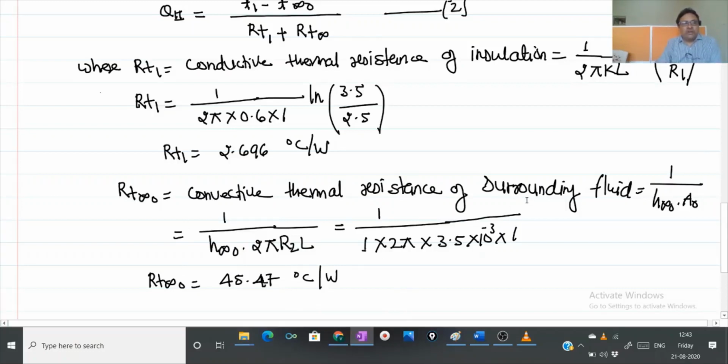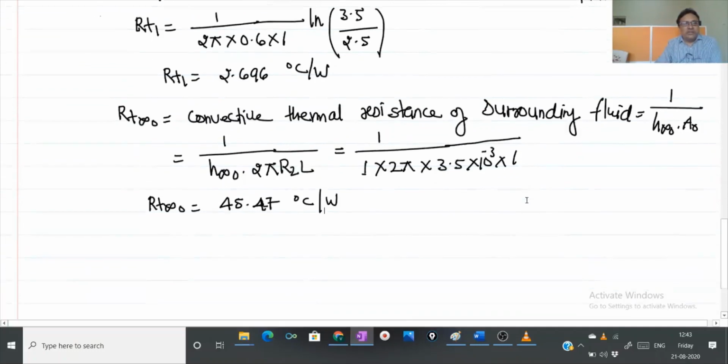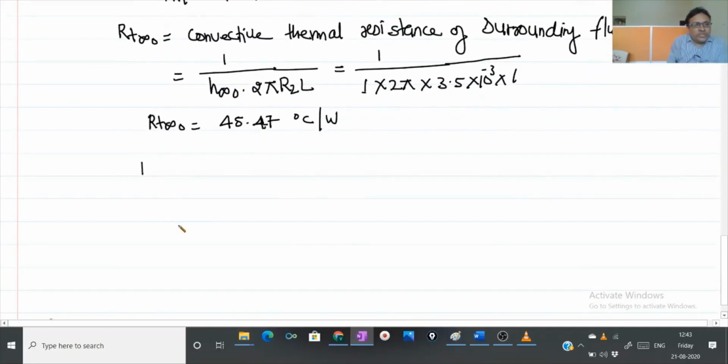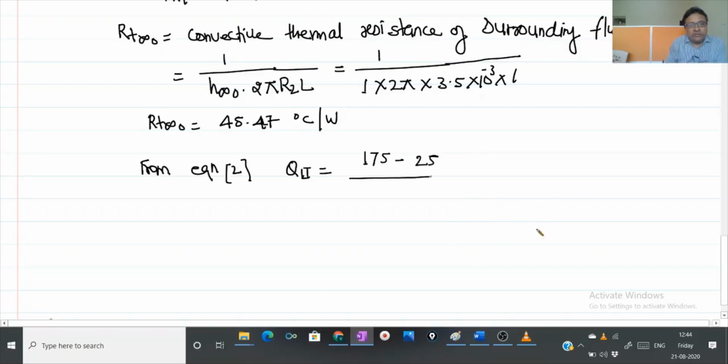So after having the values of RT1 and RT infinity O from equation 2, now I can calculate Q2 as temperature T1 is 175, T2 is 25, RT1 is 2.696 and RT infinity O is 45.47. So Q2 comes out as 3.21 watt.